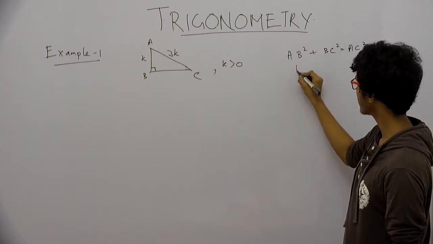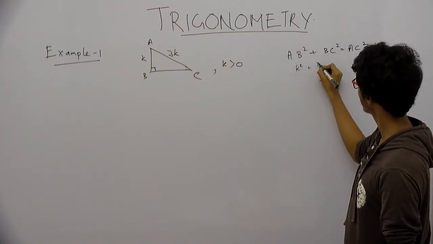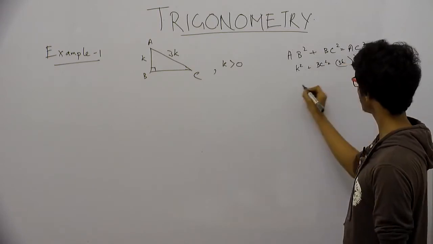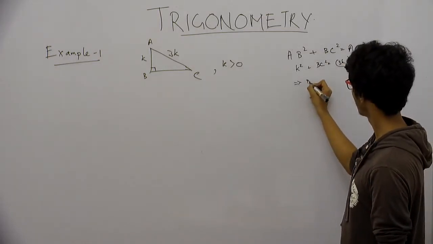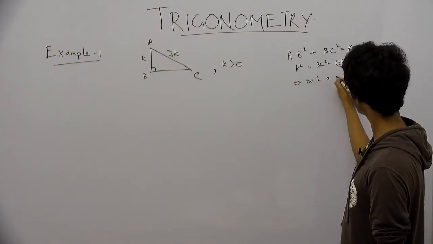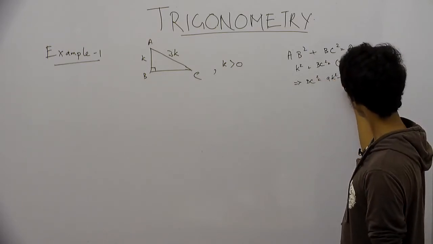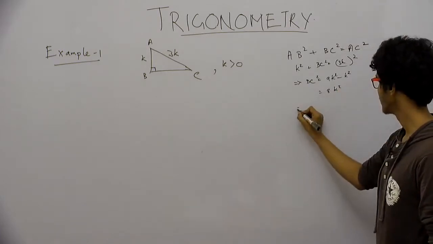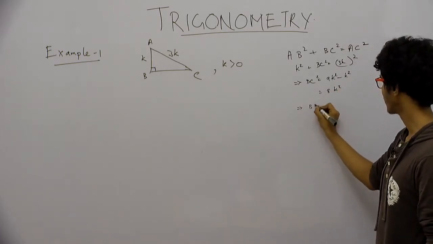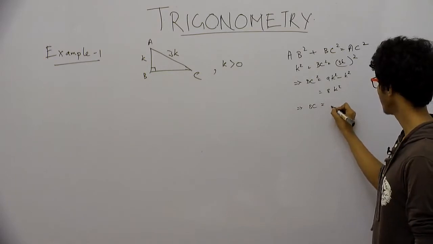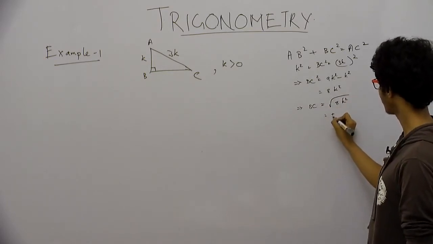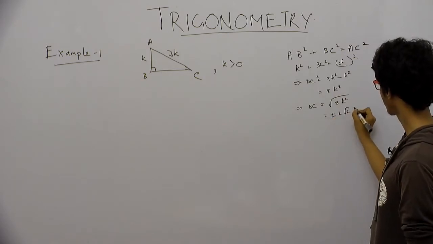So substituting, k square plus BC square equals 3k whole square. This implies BC square equals 9k square minus k square, which equals 8k square. This implies that BC is equal to root over 8k square, which equals plus minus 2 root 2k.